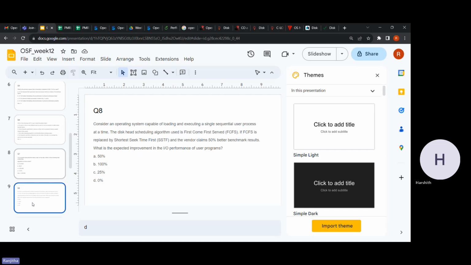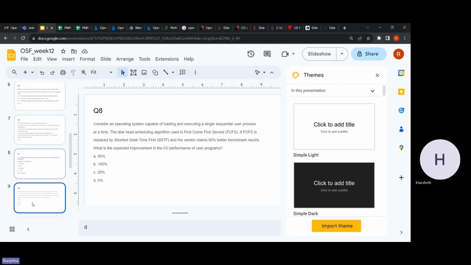Next question. Consider an operating system capable of loading and executing a single sequential user process at a time. The disk head scheduling algorithm used is first come, first serve. If FCFS is replaced by shortest seek time first and the vendor claims 50% better benchmark results, what is the expected improvement in the IO performance of the user program? The catch here is that the operating system executes a single sequential user request at a time. So at any given point of time it's sequential and there is only a single user process, right?